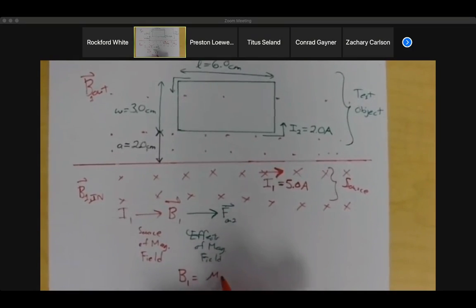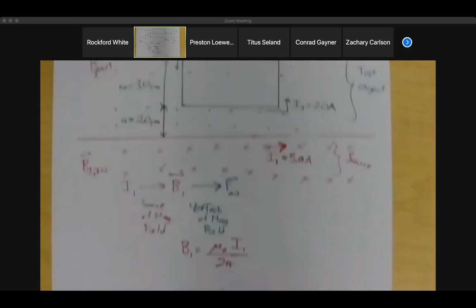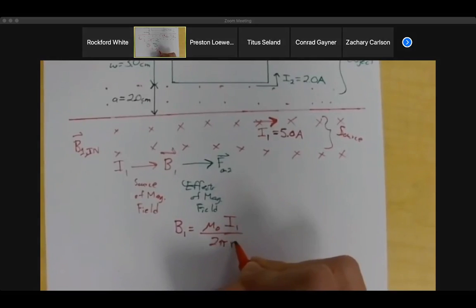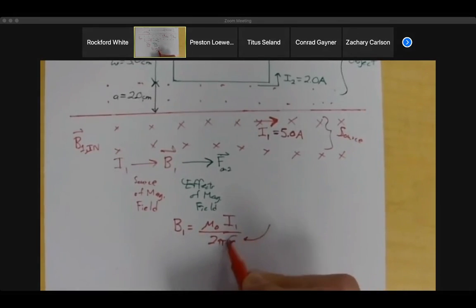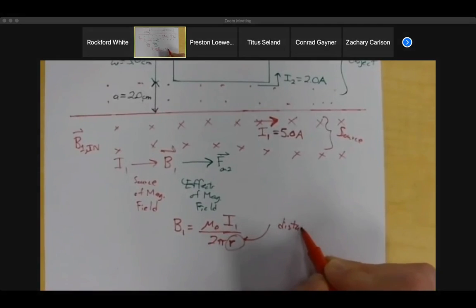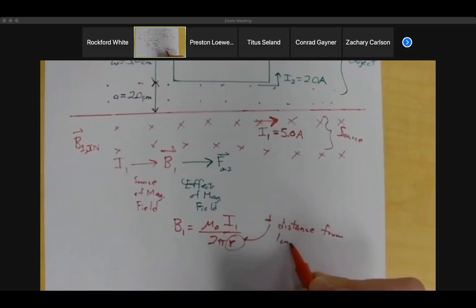B1 is mu naught times I1 over 2 pi times radius. And radius means perpendicular distance measured from the long red wire.